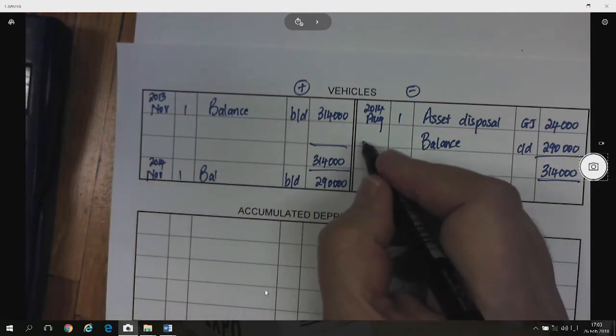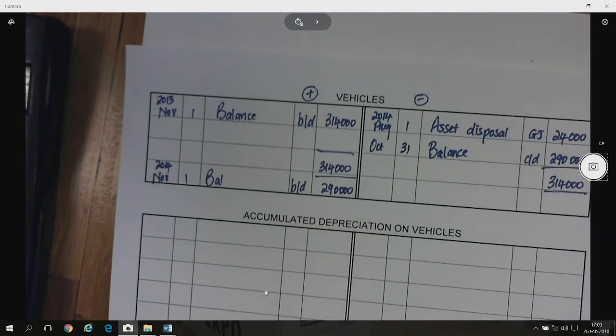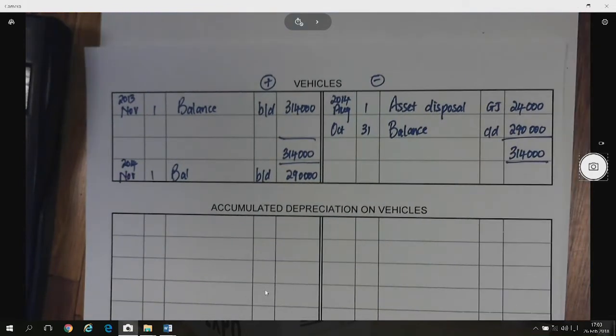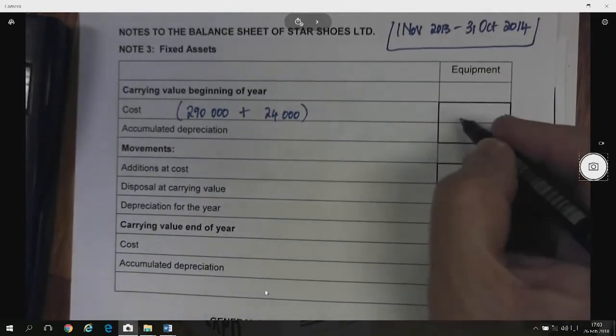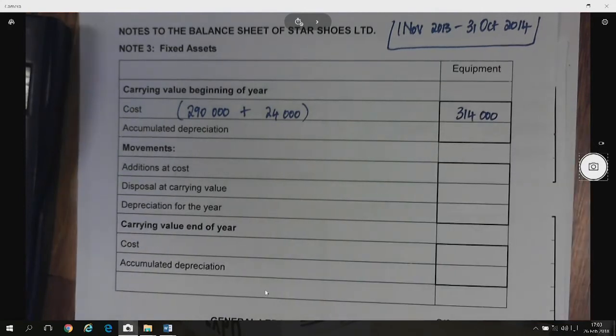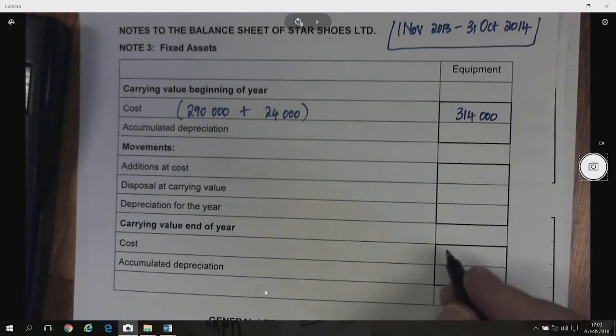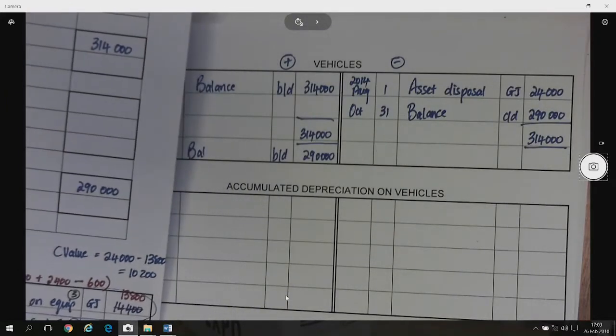That will be October the 31st. So we are going to do the same in our note. So we are going to start with 314,000. And of course, we are going to end with 290,000, because that's our two balances. There's your vehicles account.